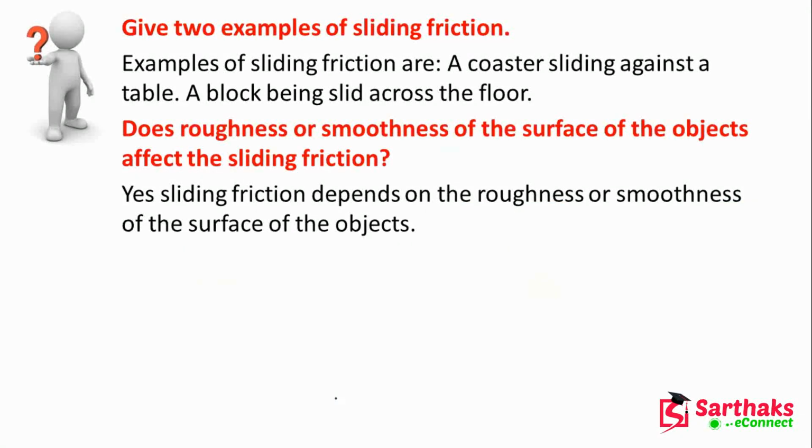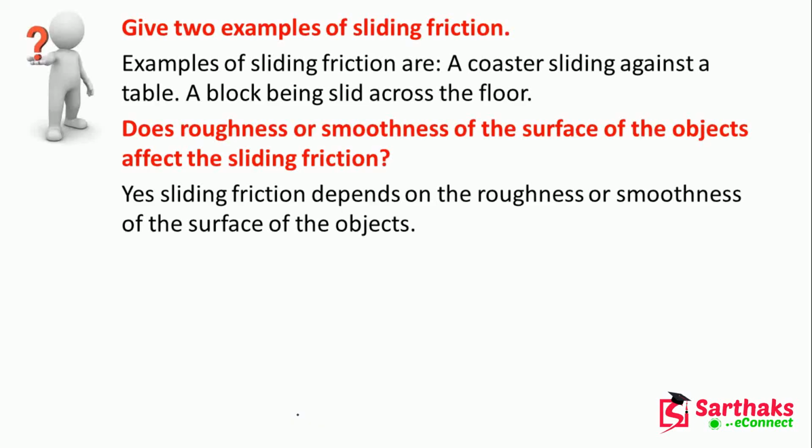Now give two examples of the sliding friction. Try to give examples which you are seeing around yourself in your daily life. Always remember one thing: in physics, every time we are seeing some examples around ourselves, but we are not noticing them. But after reading all these lectures, you can see whatever is going around you.